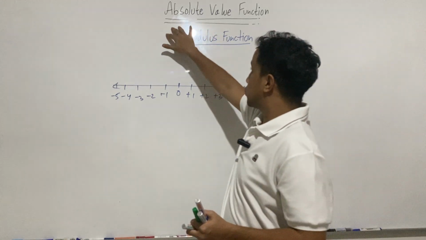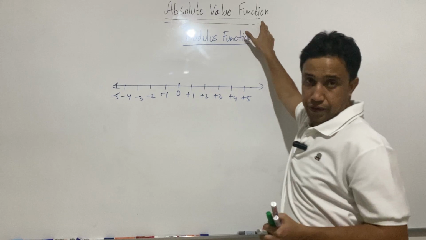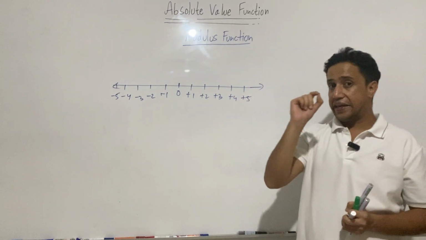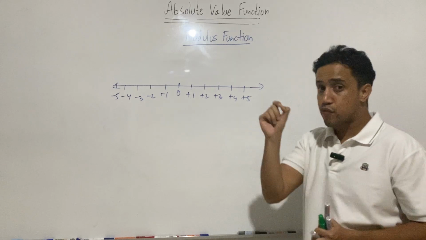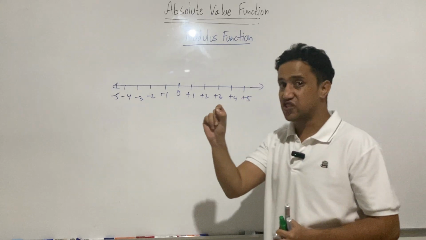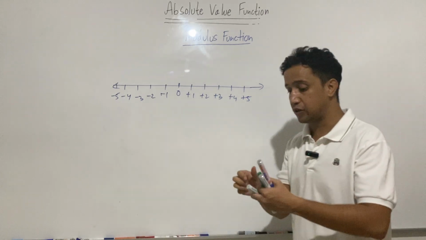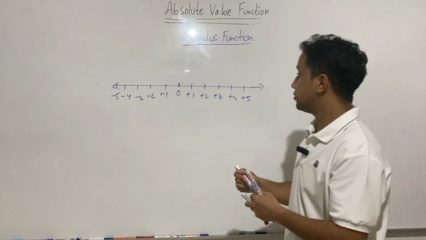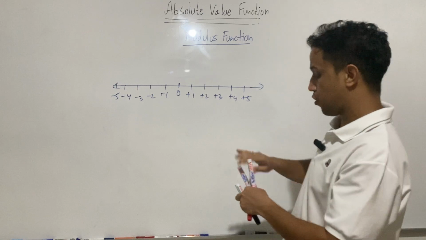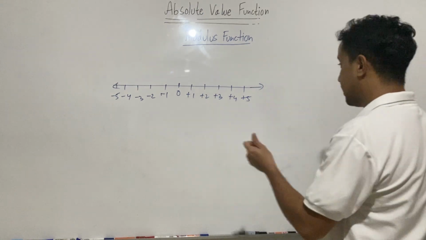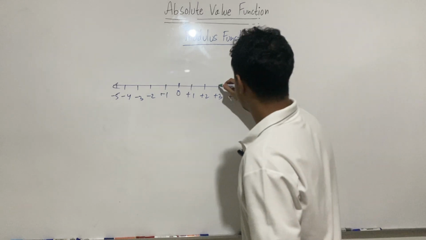The absolute value function, or the modulus function, represents the distance of a point from the center. For example, let's say my point is here.